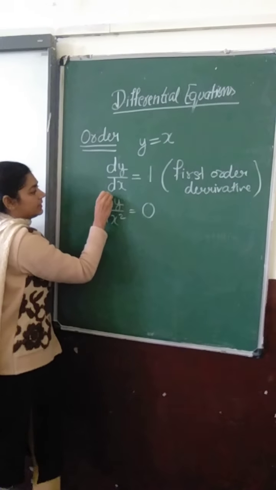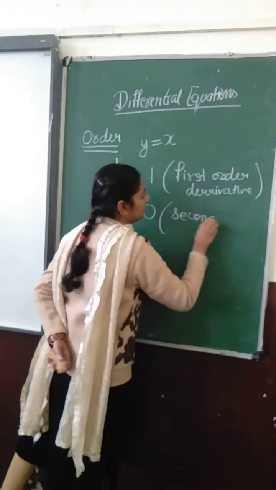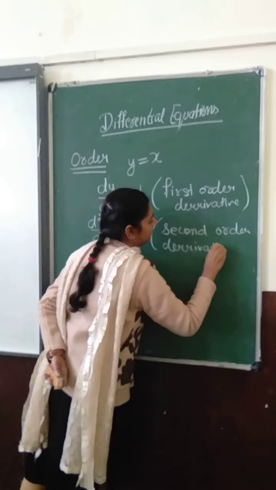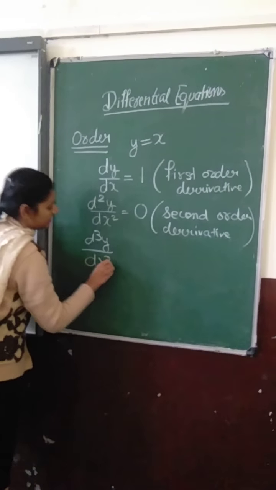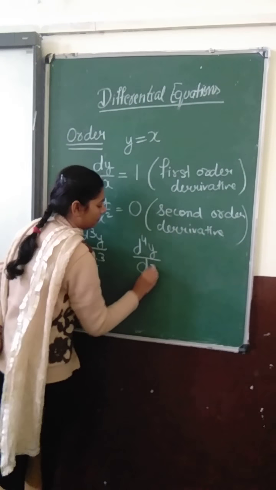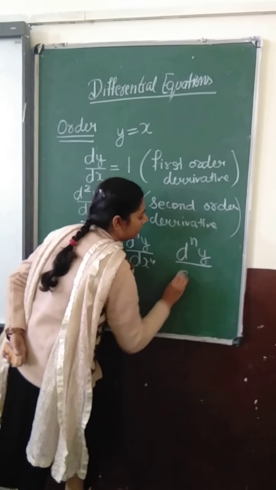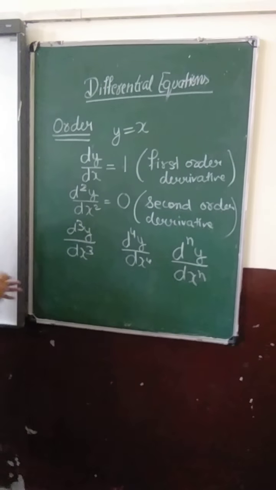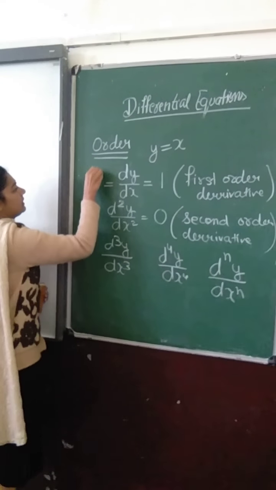So as here power is also 2, so we will classify this as second order derivative. Similarly, if I have written it like this will be third order derivative. Okay, this will be fourth order derivative, and so on. This will be nth order derivative.